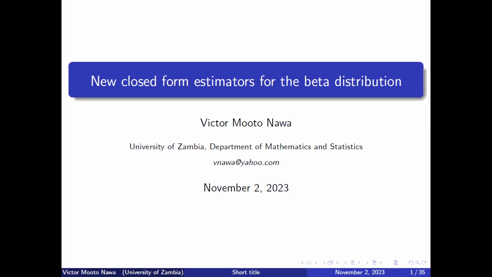What I am presenting this afternoon is joint work with Professor Nadaraja, and the title of the presentation is New Closed Form Estimators for the Beta Distribution. My name again is Victor Nawa, from the University of Zambia in the Department of Mathematics and Statistics.